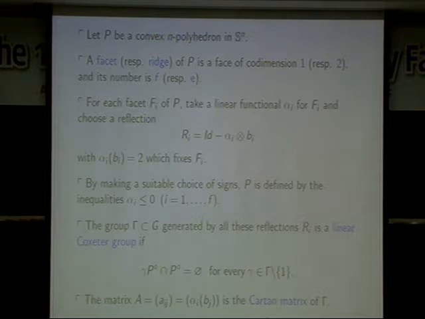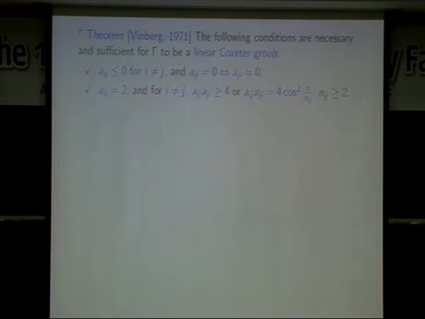The diagonal elements of the Cartan matrix are all 2. Right? So Vinberg proved that the following conditions are necessary and sufficient for Gamma to be a linear Coxeter group. So this is obvious.